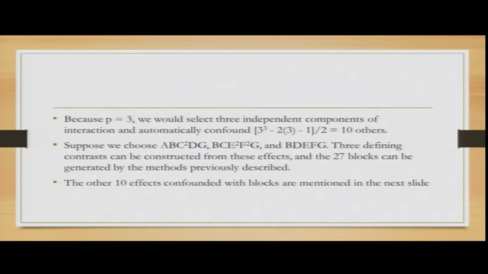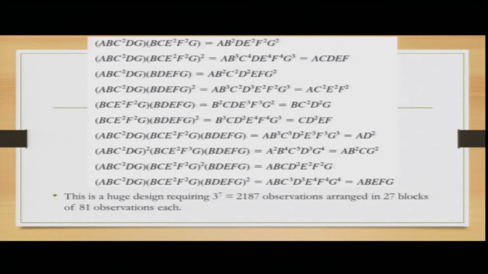The other 10 effects confounded with blocks are mentioned in the next slide, and we will see how it can be done for this example, where there are 7 variables and the number of blocks to be designed is 27, so p is 3. If you consider the blocking, you would have the blockings as given; I will just mention one of them: ABC squared into DG.